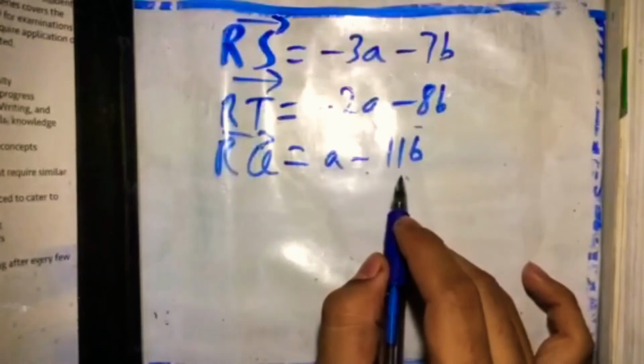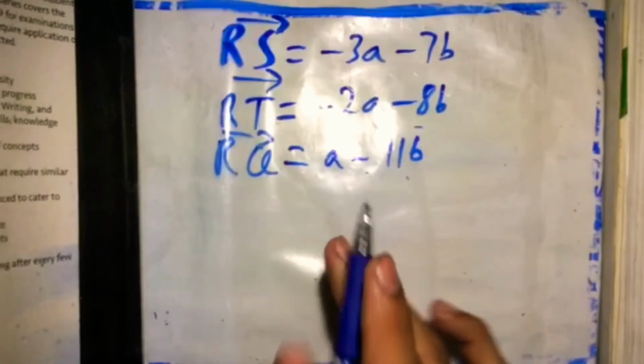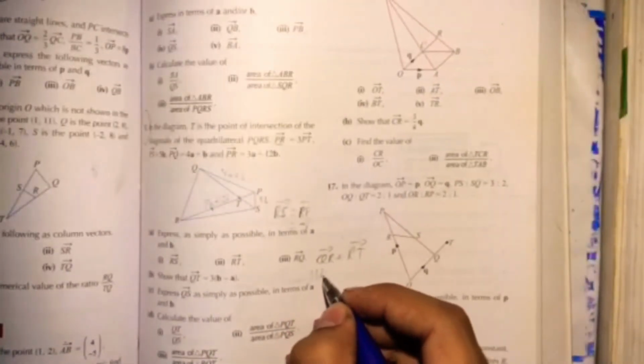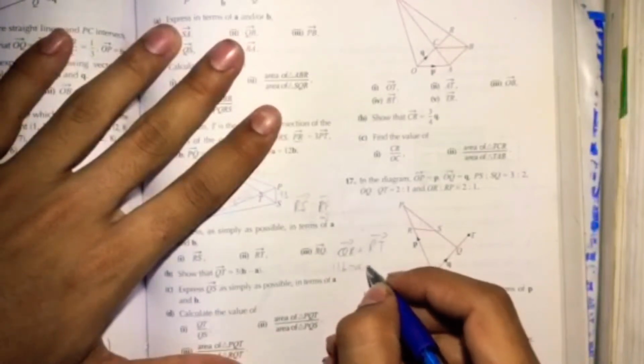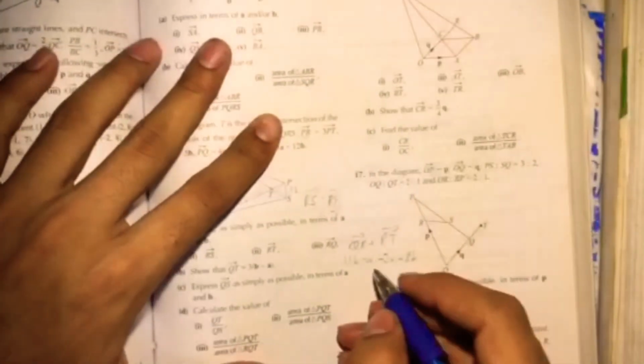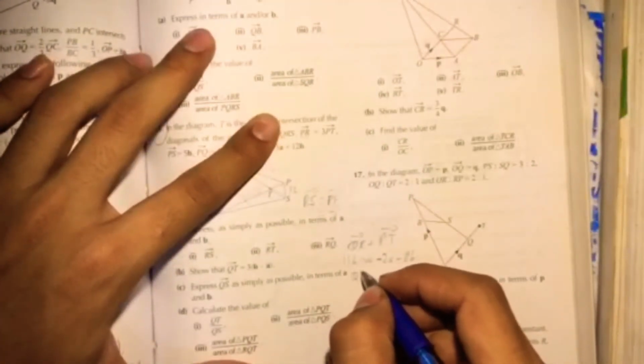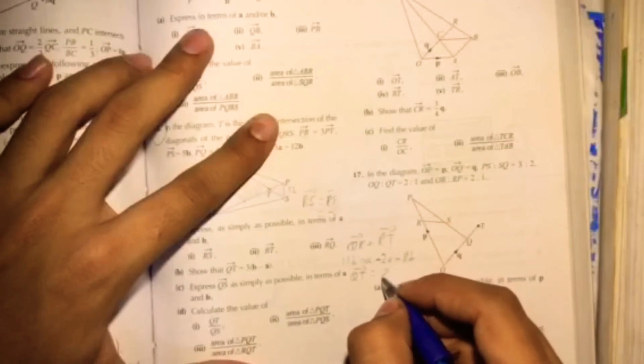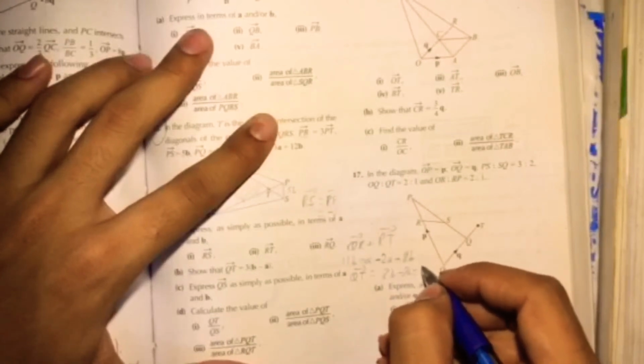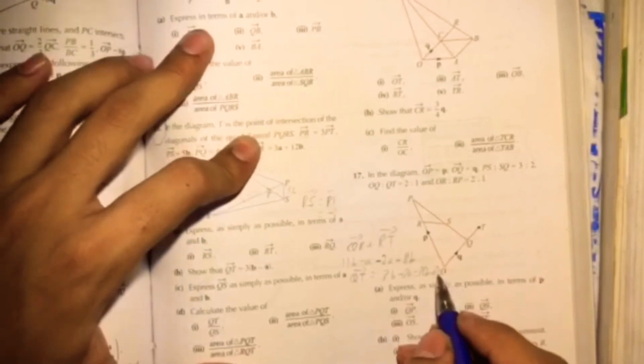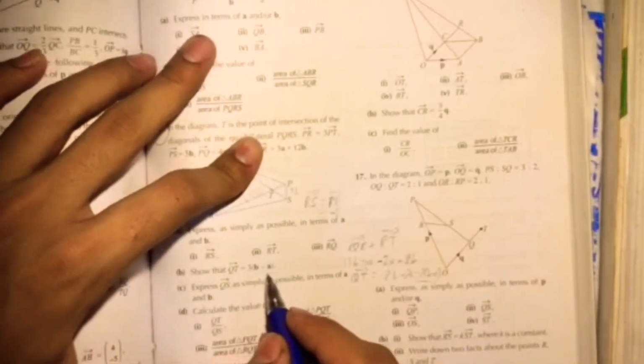RQ is A minus 11B, so QR will be 11B minus A. And RT we found was minus 2A minus 8B. So QT will be 3B minus 3A, equal to 3 times (B minus A). This is what we had to prove.